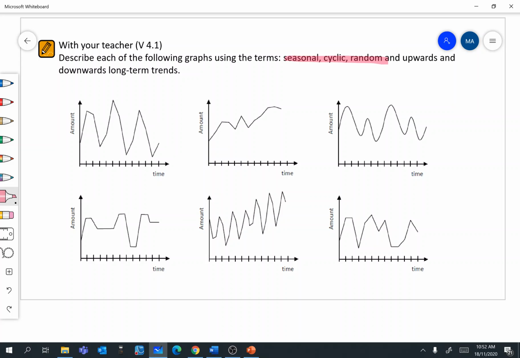It's either seasonal, cyclic or random, and then, in a different color, is it upwards or downwards? So we need one from the pink highlighted list of words and one from the yellow for each graph. You can pause now and try this on your own. Then I'll pick up where we left off.